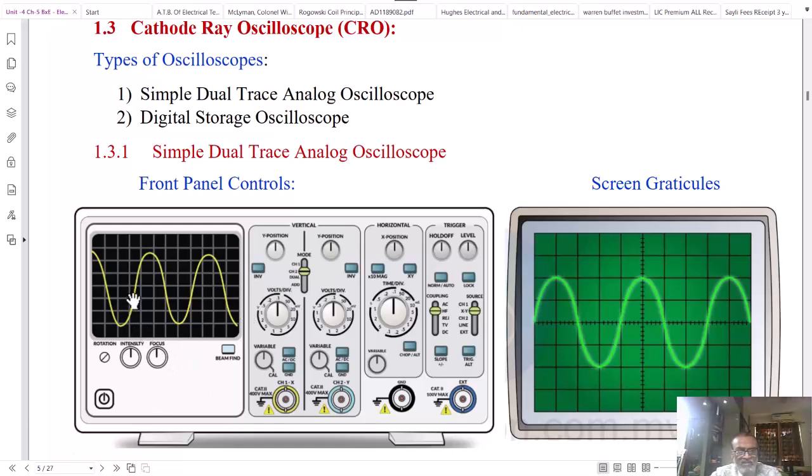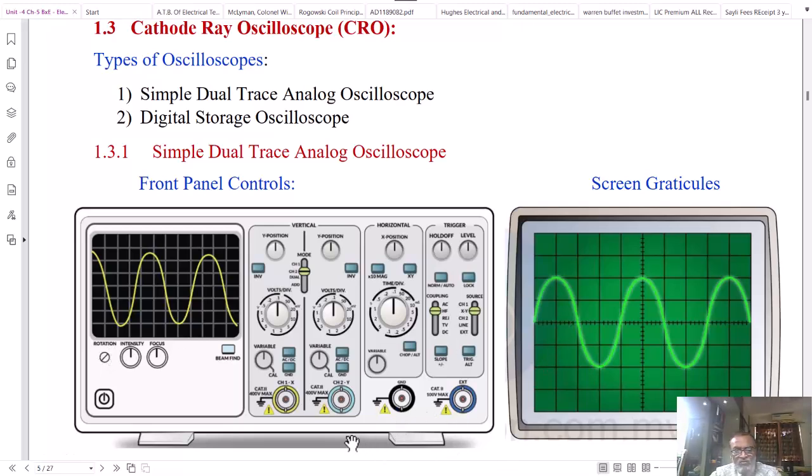The focus knob provides the functionality to change the sharpness of the waveform, meaning a sharper line can be displayed. Trace rotation is used to align the trace reference line with the horizontal graphical line. This rotation facility allows you to change the trace position with respect to the horizontal line.